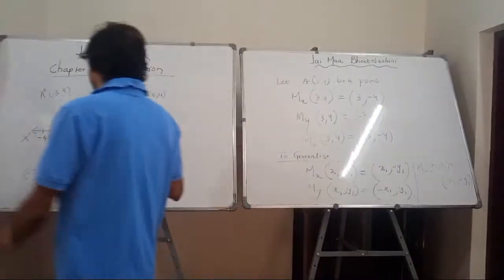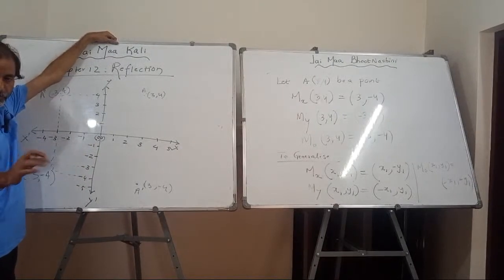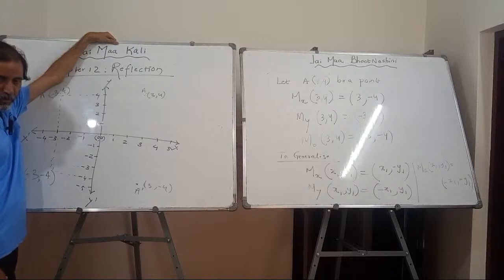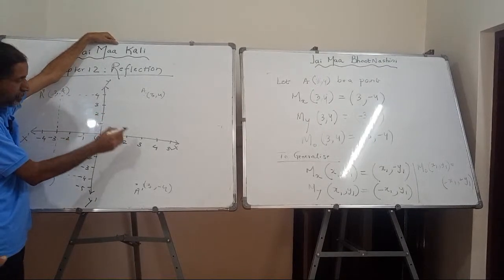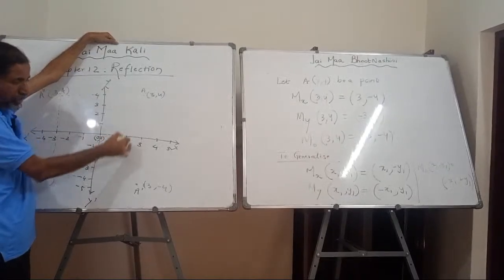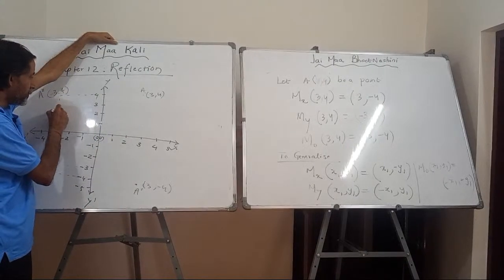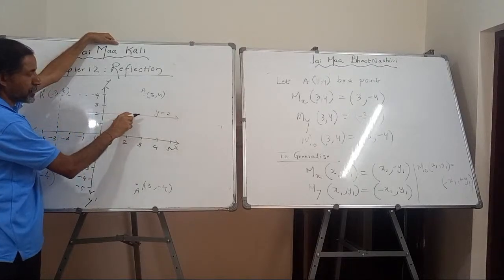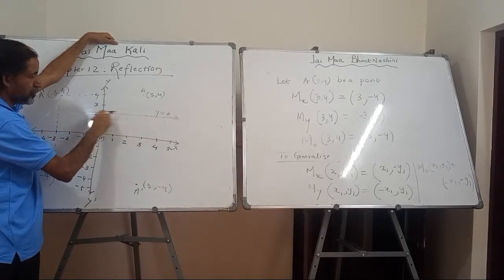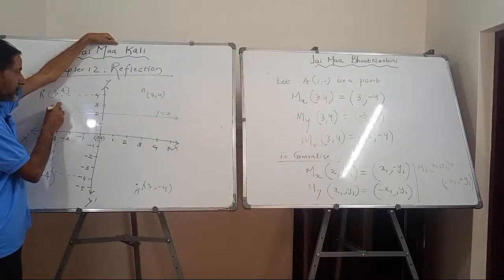In the same diagram, how will it look? This over here is not y is equal to 2, this is x is equal to 2. Every point on this line has y equal to 2. X may change, but y is always 2. That's why y is equal to 2 is the equation of this line.